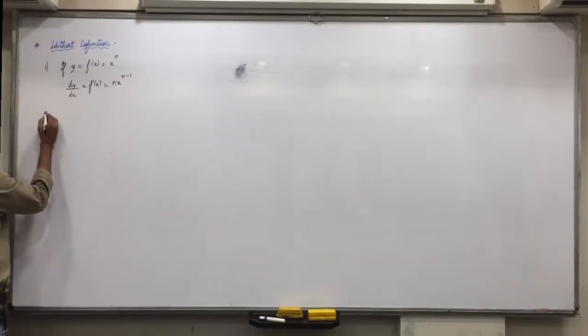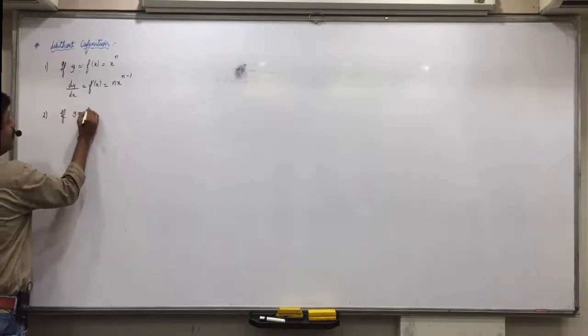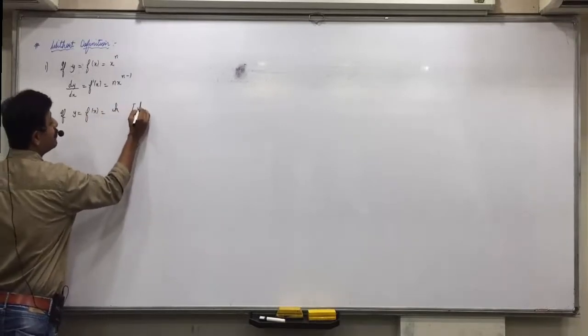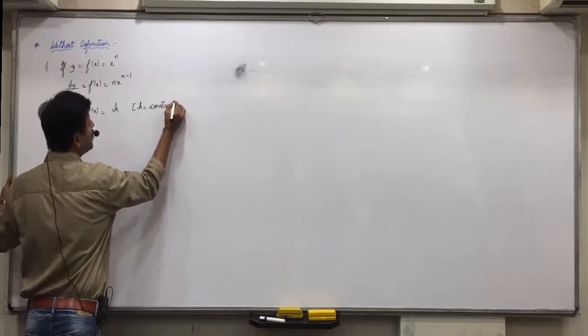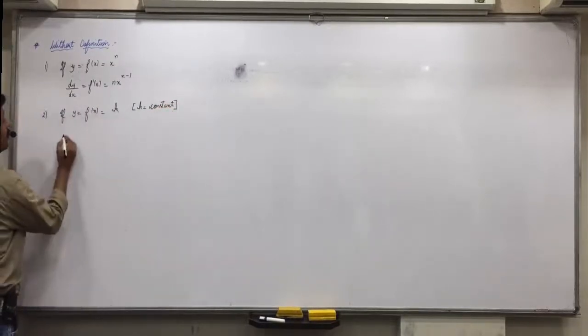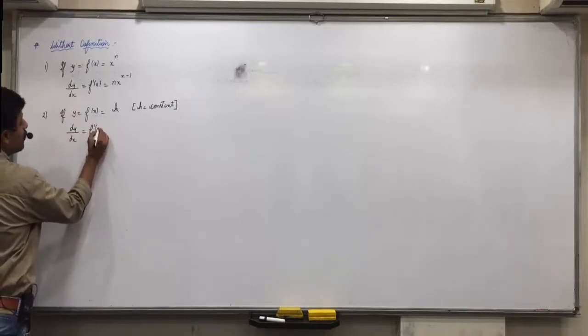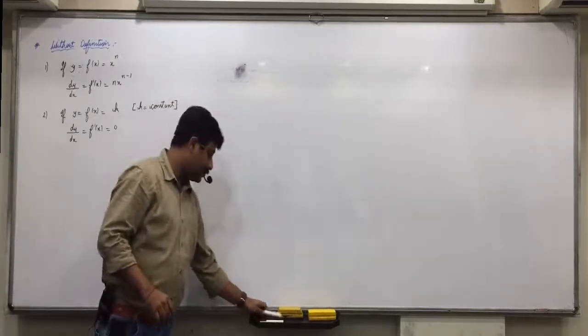And second thing you remember, which again we understood in the last point, that if function of x is a constant number, then dy by dx will be 0. Is everyone clear with this? Write it down.